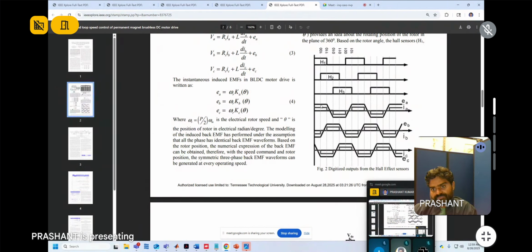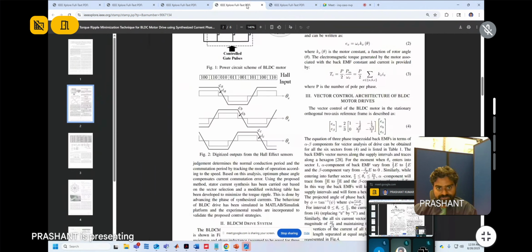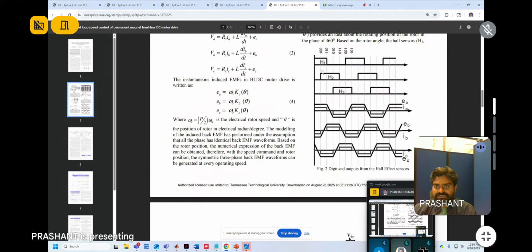The bold black line here is the representation of the waveform of the stator phase back EMFs. It is trapezoidal in nature, so it is flat for 120 degrees. See here, this is 60, this is 60, so the first two dotted lines are 120 electrical degrees. So it is flat for 120 electrical degrees.